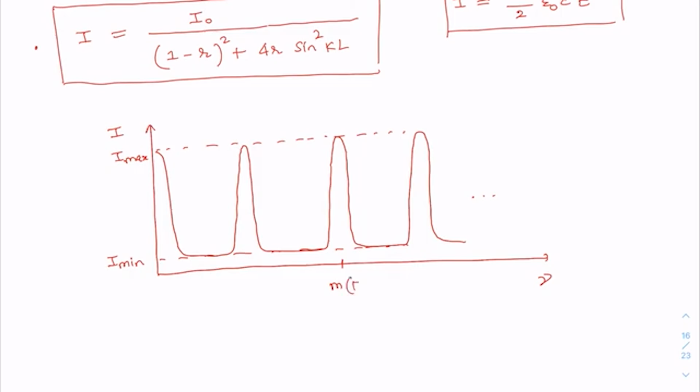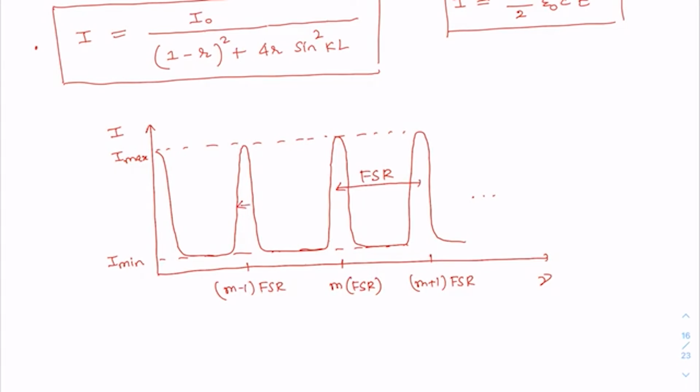So let me write it as m into FSR, then m plus 1 into FSR, and the distance between these two is basically the free spectral range, and this would be m minus 1 FSR and so on. We'll get a lot of peaks like this.